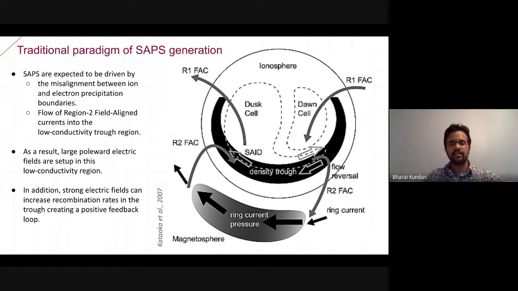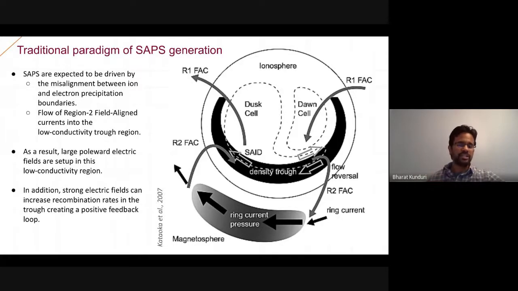One is a separation between the ion and electron precipitation boundaries on the night side. During strong geomagnetic disturbances, the equatorward ion precipitation boundary is expected to move earthward compared to the equatorward electron precipitation boundary, resulting in the generation of a poleward directed electric field.